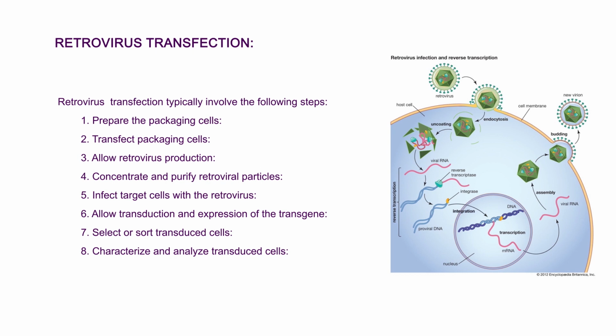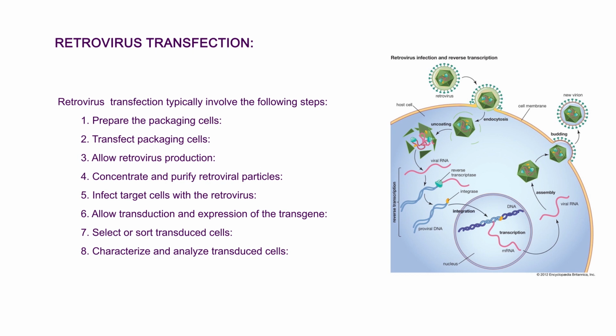The particles bud off from the packaging cells and can be collected from the culture medium, which is then used to concentrate and purify retroviral particles. The collected culture medium is concentrated using techniques such as ultracentrifugation or filtration. The concentrated retroviral particles are then purified to remove contaminants and ensure a high-titer functional virus.